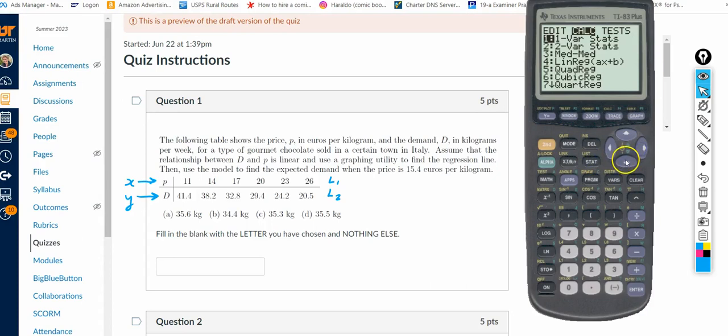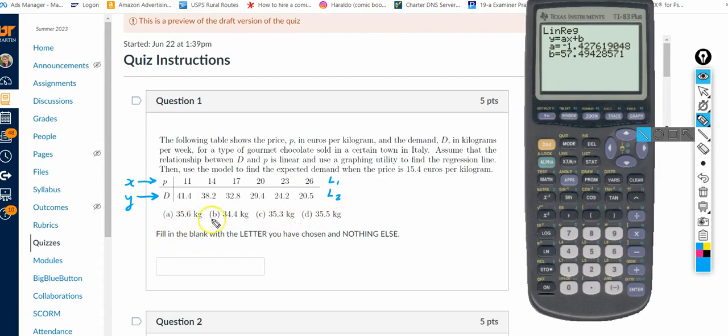So I'm going to press stat. I'm going to go over to calc, and I'm going to scroll down to linear regression. And I'm going to be doing it with list 1, second 1, comma, second 2, list 2, my X and my Y values. All right, now, here's the thing. We take our linear regression to 4 decimal places, always.